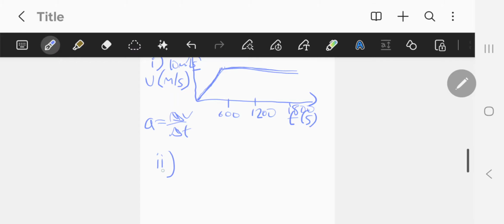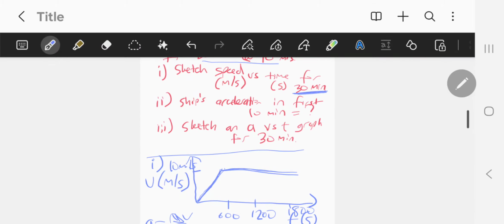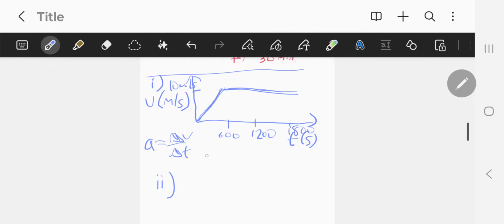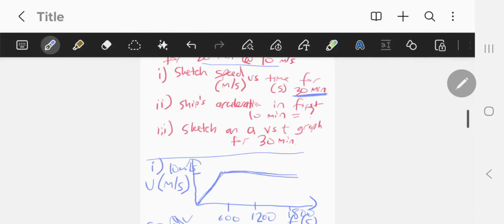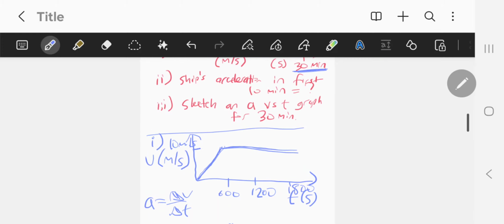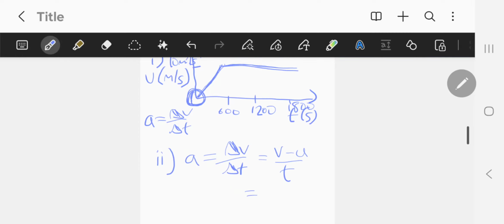Part two, we need to calculate the ship's acceleration in the first 10 minutes. Acceleration is the rate of change of velocity over time. That's just final velocity minus initial velocity over t. Now the final velocity is 10, initial velocity is 0. Initially it's right there, it's 0.